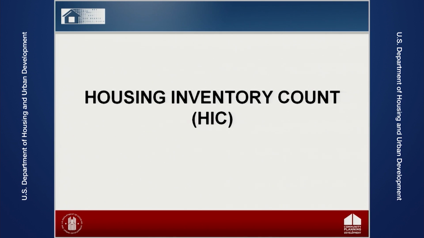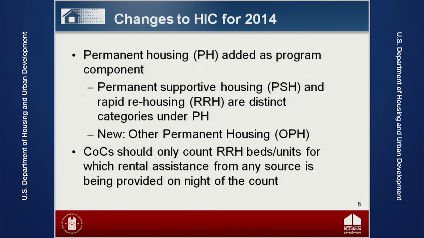As Mike indicated, to better align program components with the CoC program interim rule, certain changes have been made to the housing inventory count and PIT guidance. Specifically, some of these changes that we would like to talk about today relate to permanent housing. Permanent housing has been added as a program component to the HIC, consistent with the rule.